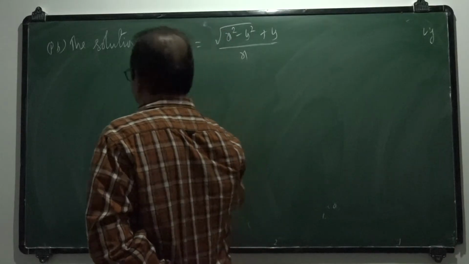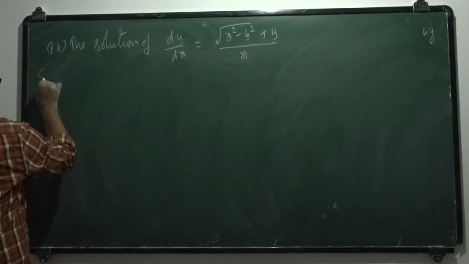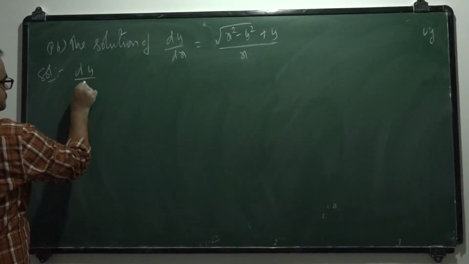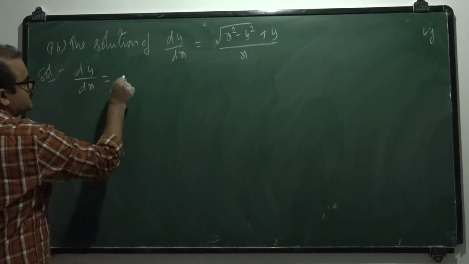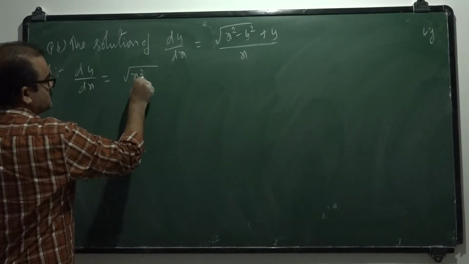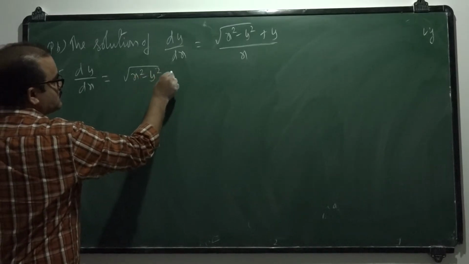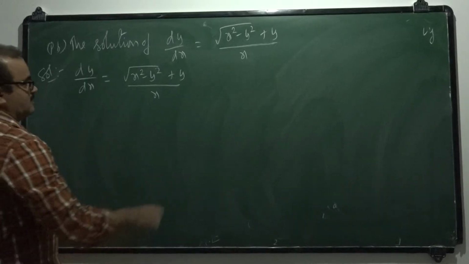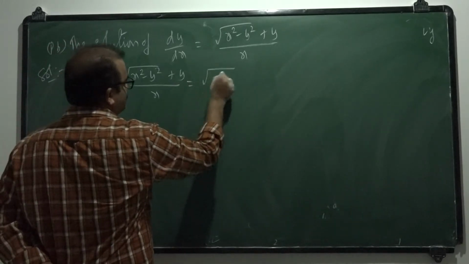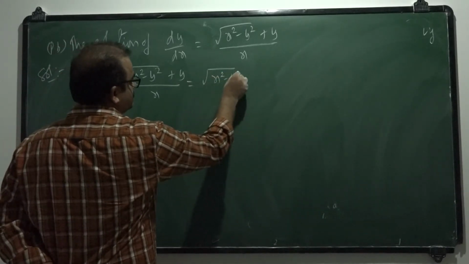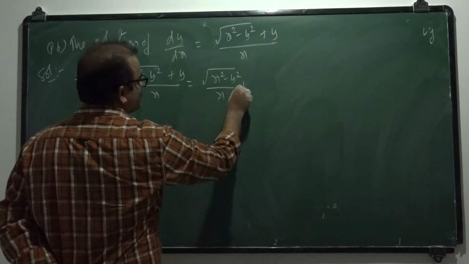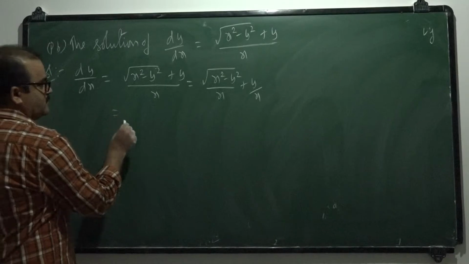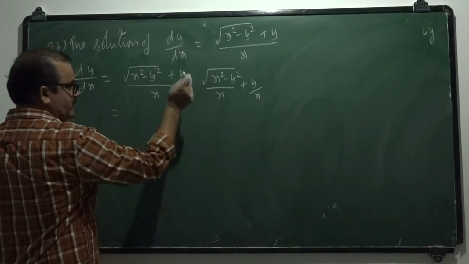Here, see what is the given equation. Divide separately. Take this x into the square root.